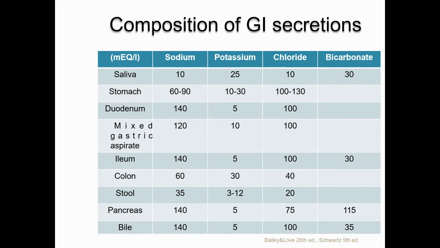In bile, you can see 140 milliequivalents of sodium, potassium about 5, chloride about 100, and bicarbonate about 35.